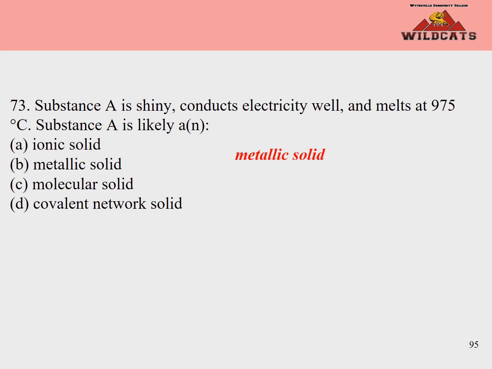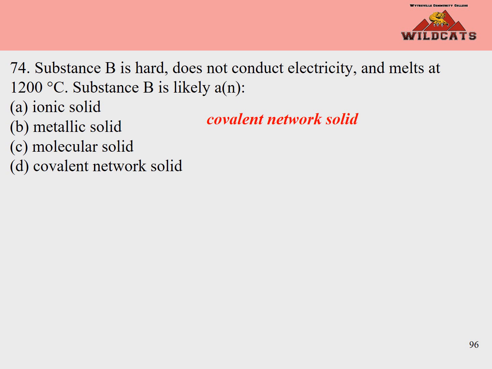If I have a substance that's shiny, conducts electricity, and melts at a relatively high temperature, that solid's probably going to be a metallic solid. If I have a substance that's hard, doesn't conduct electricity, and melts at a very high temperature, we're probably talking about a covalent network solid similar to diamonds or graphite. And so we'd end up with D.